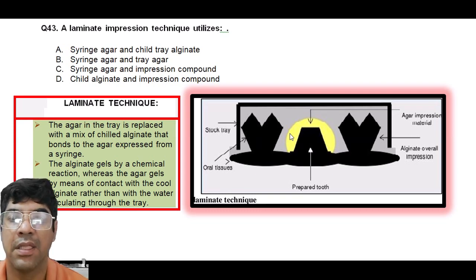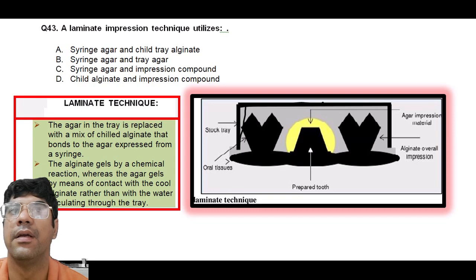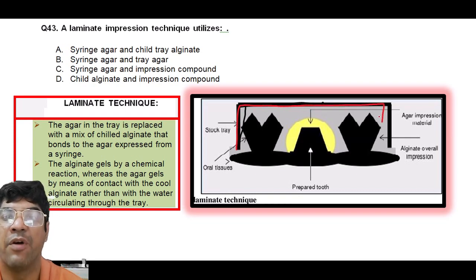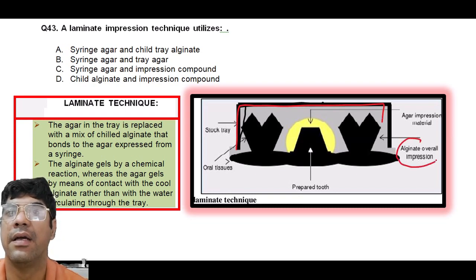So in this, the custom tray is designed to fit the patient's arch. It is made up of acrylic. So prepare a suitable alginate impression.